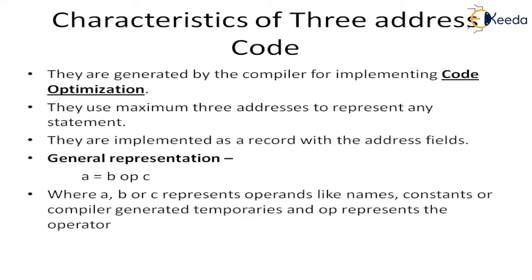In this way, these are the characteristics of the three address code, and it is generally represented as A = B OP C, where A, B, C are operands like names, constants, or compiler generated temporaries, and OP represents the operator.